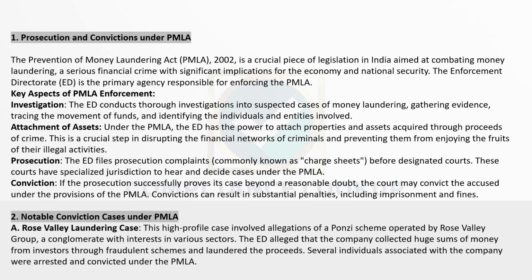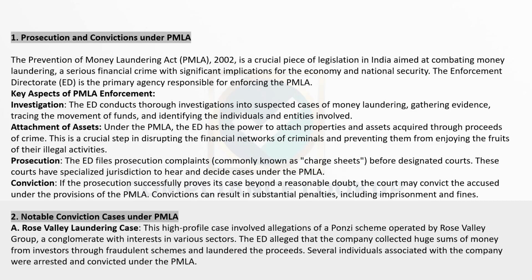The ED investigated the group's activities under PMLA, tracing the money laundered through various accounts. The group was found to have invested the funds in luxury properties and sent large sums abroad. The ED attached properties worth hundreds of crores and arrested several key individuals, including the chairman of Rose Valley. They were convicted and sentenced, and the company's ill gotten wealth was confiscated.